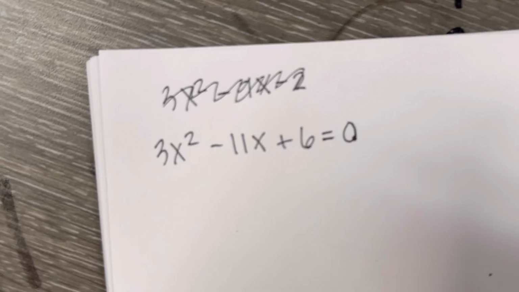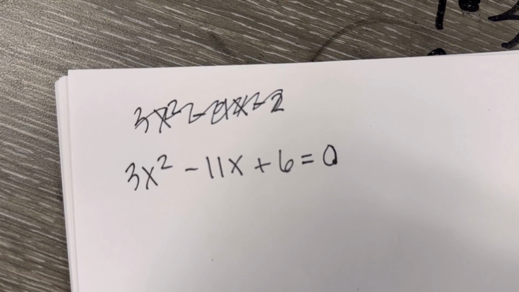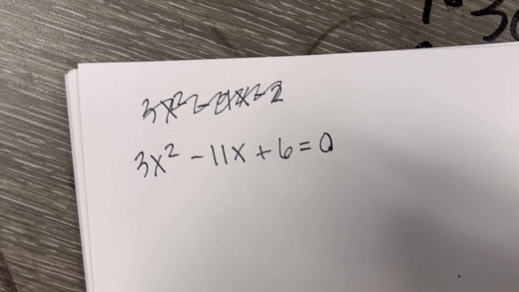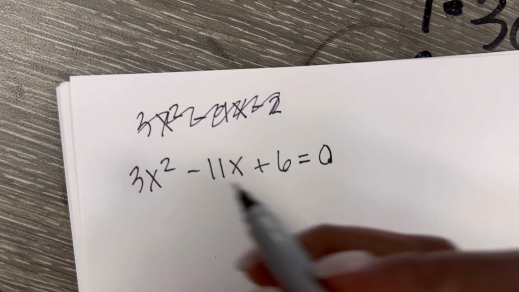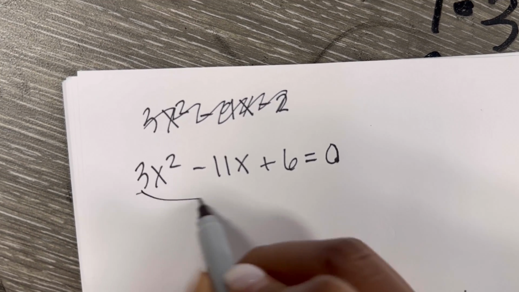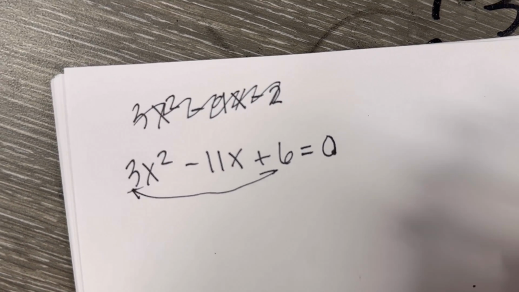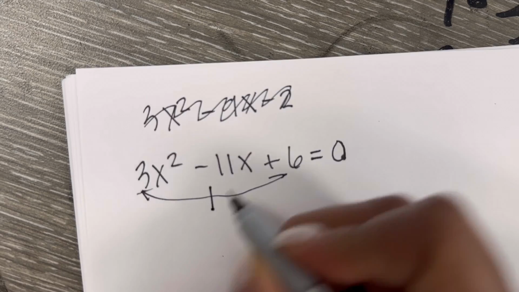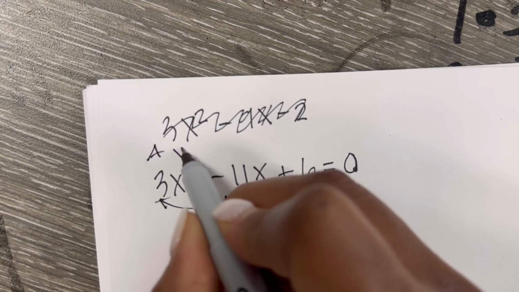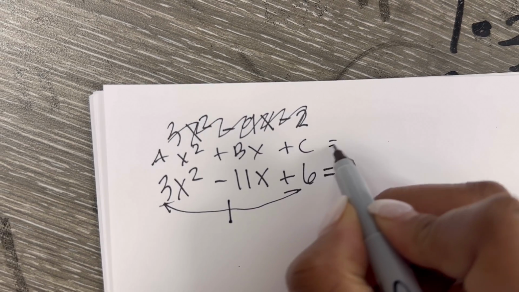This is going to require a grouping method. So if this number is not 1, if there's a number here in front, you have to multiply a times c. What times what gives me a times c, but added gives me b. Remember, this is a, this is our b value, and this is our c value.